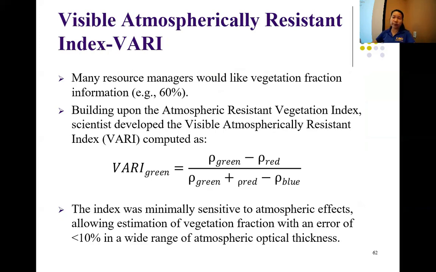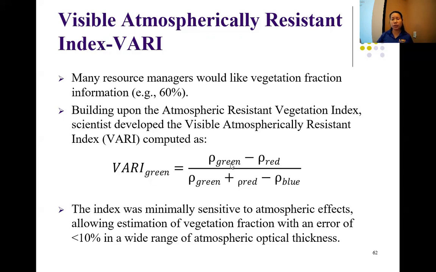Here, many resource managers would like vegetation fraction information, for example 60%, instead of just classifying every pixel into just one class. And then building upon this kind of atmospheric resistant vegetation index, scientists developed this index over here.